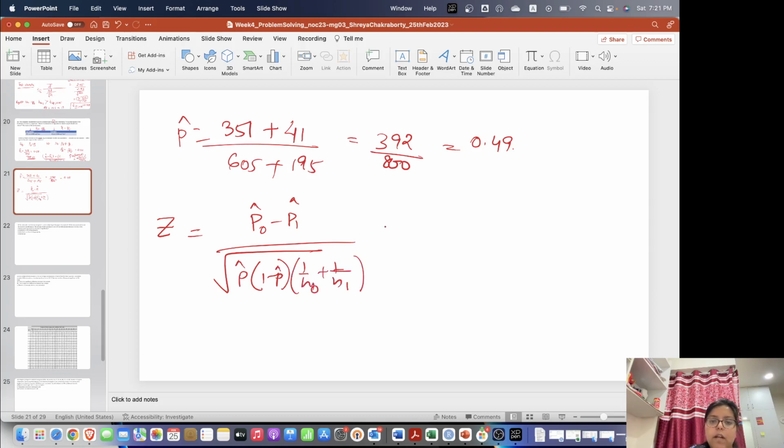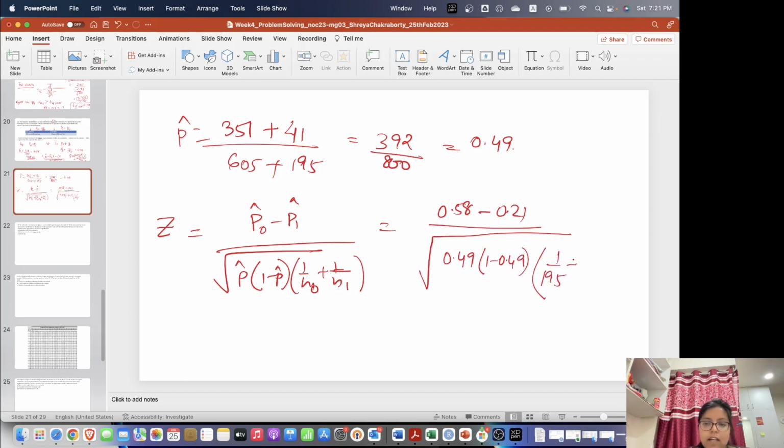So this will be 0.58 minus 0.21 divided by root over 0.49 into 1 minus 0.49, times 1 by 195 plus 1 by 605. This value will come out as something like 8.99.